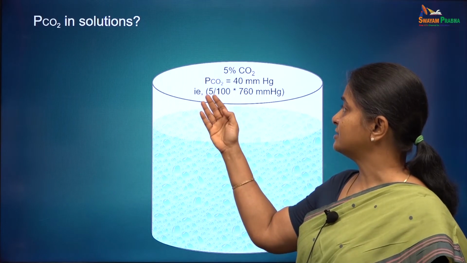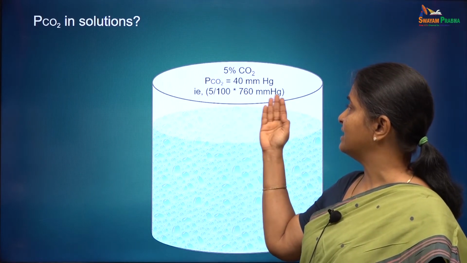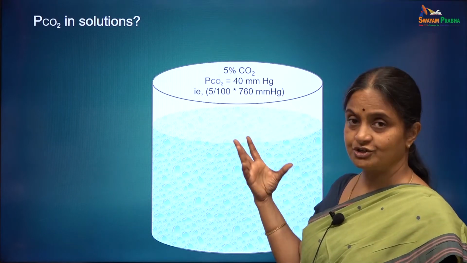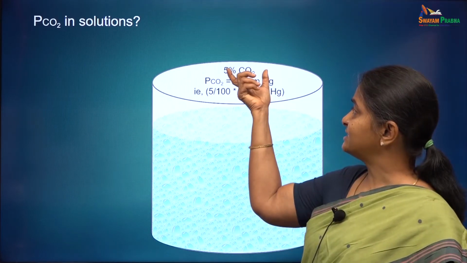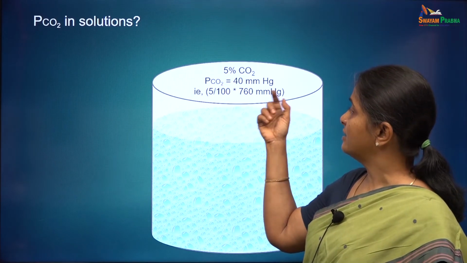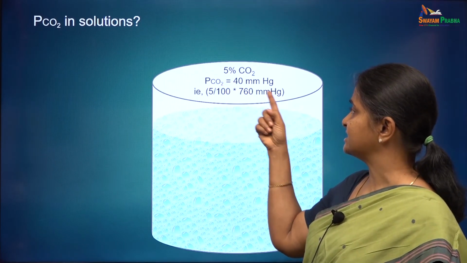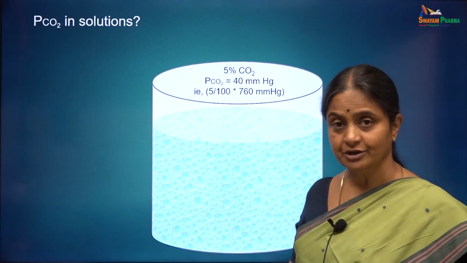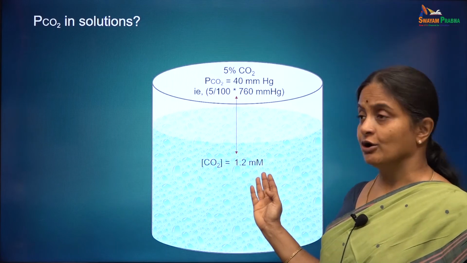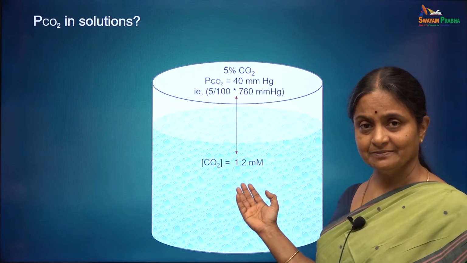Any air mixture will be at the atmospheric pressure, 760 millimeters mercury would be the total pressure of the air mixture. If there was 5% carbon dioxide, the partial pressure due to carbon dioxide would be 5% of 760, which is 40 millimeters mercury. And in that environment, so much carbon dioxide would dissolve in plasma.